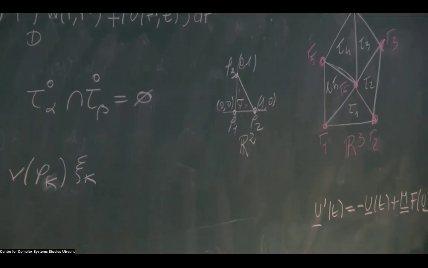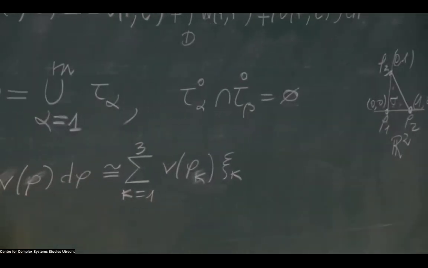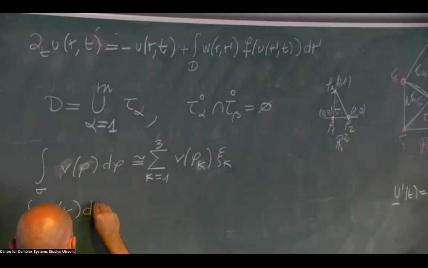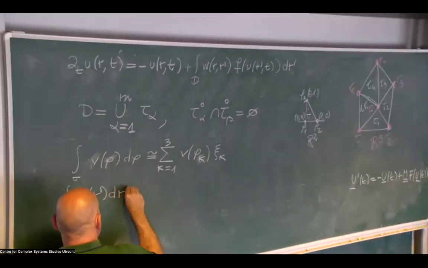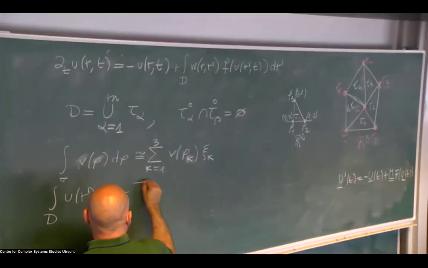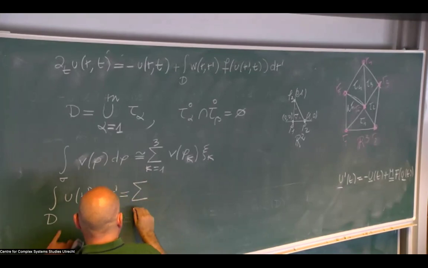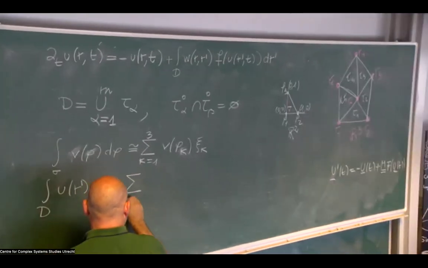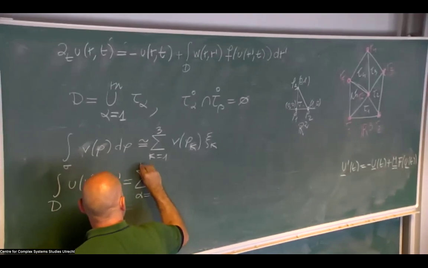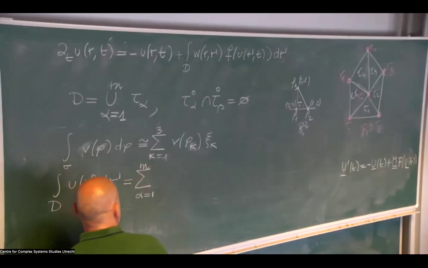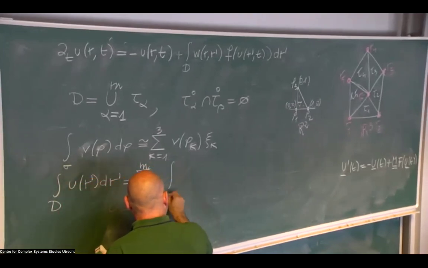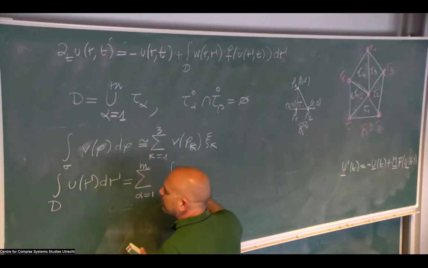What this means is that the moment I want to integrate over D a certain function, let me call it U of R dr, or R prime dr prime, what I'll do first, without approximation, is split the integral over the triangles. I typically have M triangles. This is carried out without any approximation.